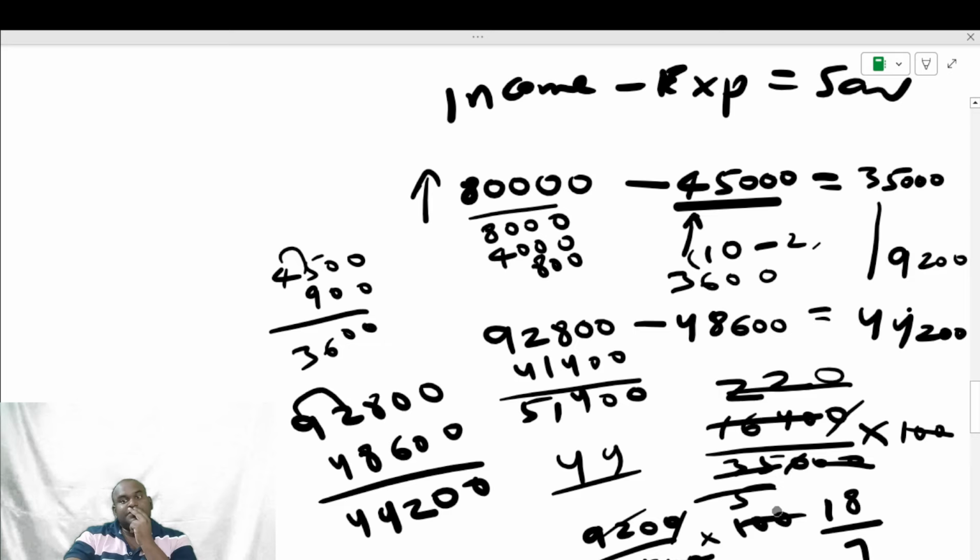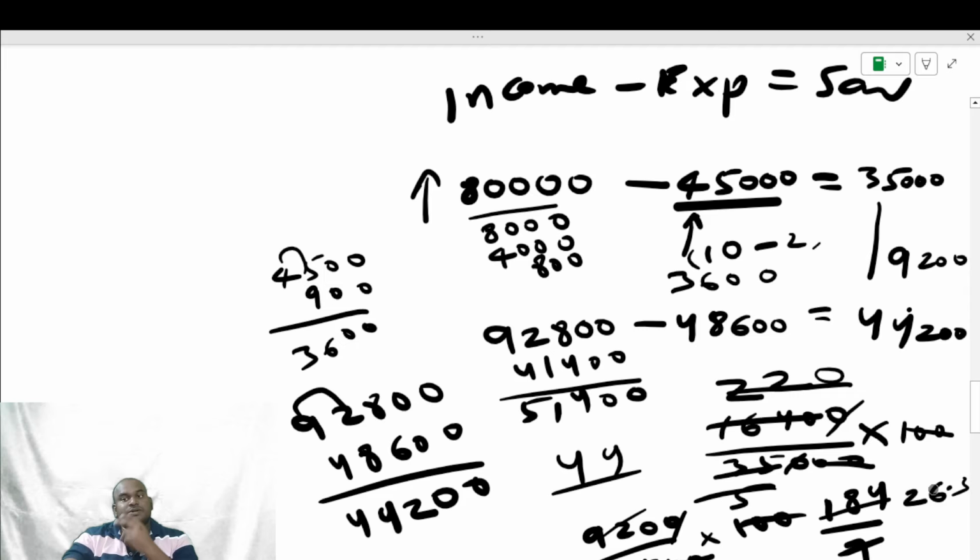So 7 2 are 14. So it is 26.3 approximately. So that is the conversion. Next question.